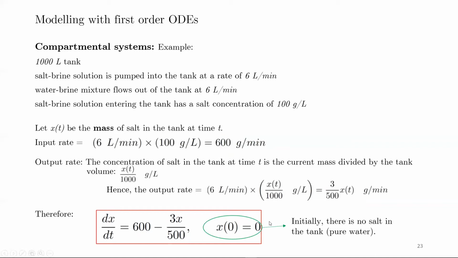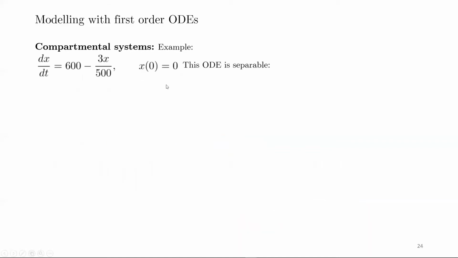Okay, well let's look at this. Let's study this differential equation and this initial value problem. So let's notice then that this ODE is separable, right? I can multiply both sides by dt. I can divide both sides by the right hand side of the ODE here, and I would have a separable ODE, okay?